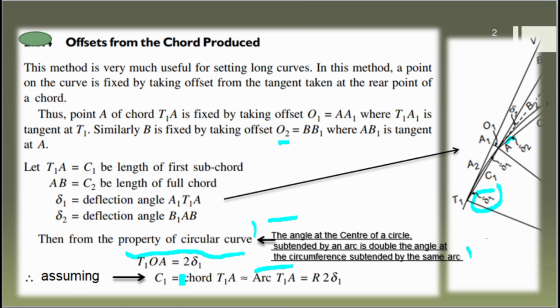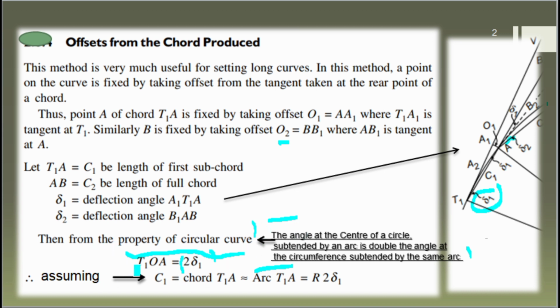Remember that. So our angle will be 2 times the deflection angle that was found earlier. This can be lambda, something of that kind, but that is just the representation of the deflection angle. So the angle T1 O A is twice the angle subtended here, by the property of simple curves.